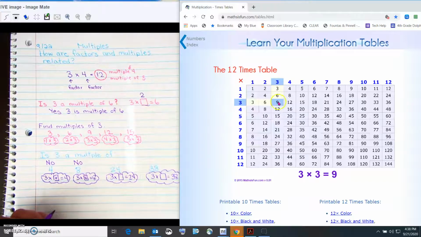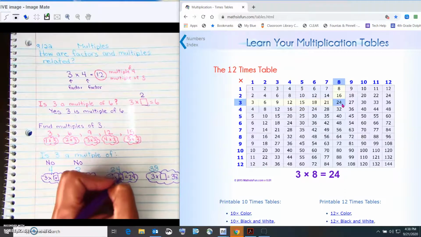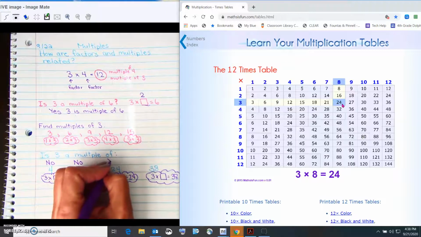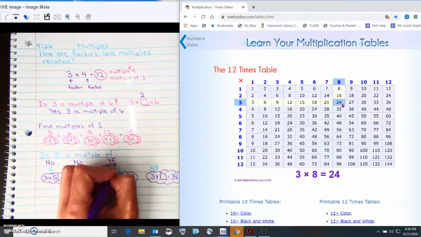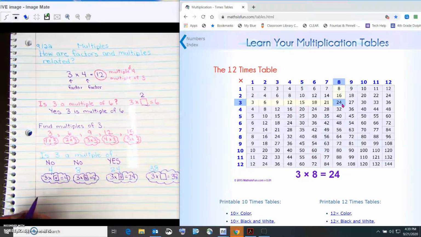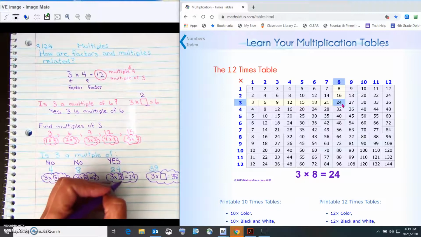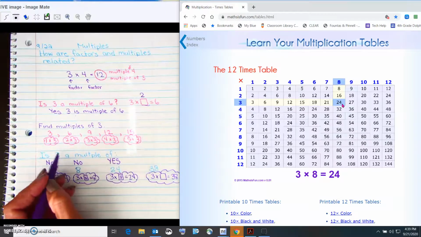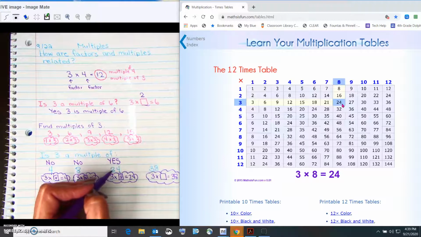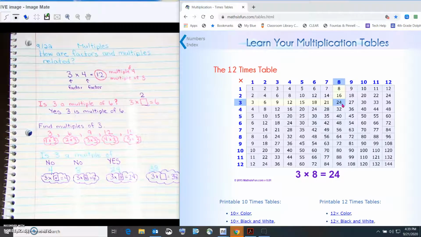So let's see if we want to try 24. 24? Yes, because 3 times 8 is 24. So that means yes. It is a multiple of 3. My factors are 3 and 8, but the answer, 24, is a multiple of 3.